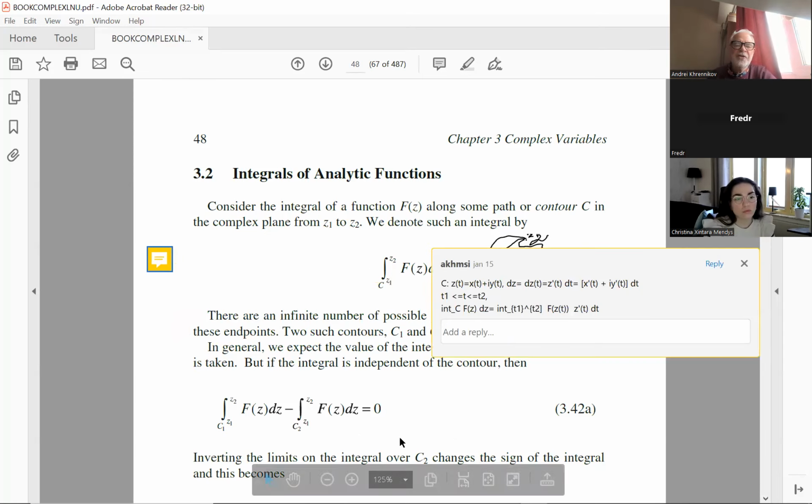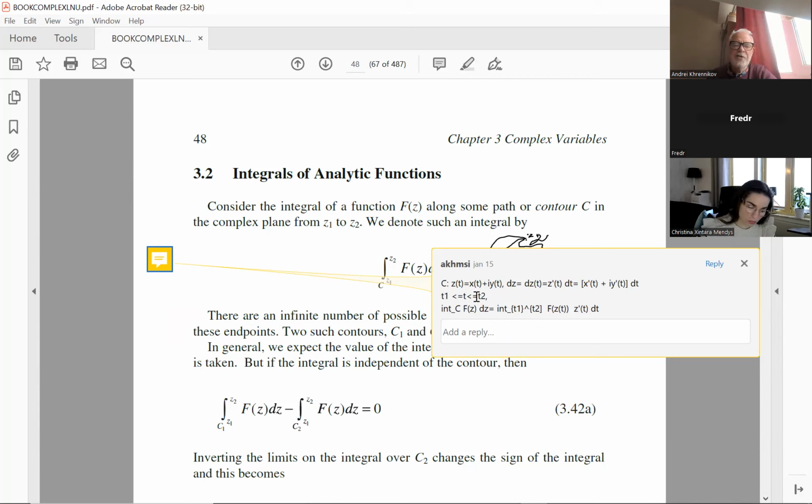The definition is the following. We should introduce some parameterization, some parameter t. So x is a function of t, y is a function of t, where t is between some t1 and t2.